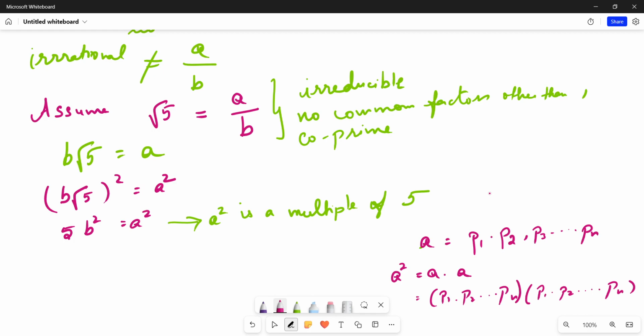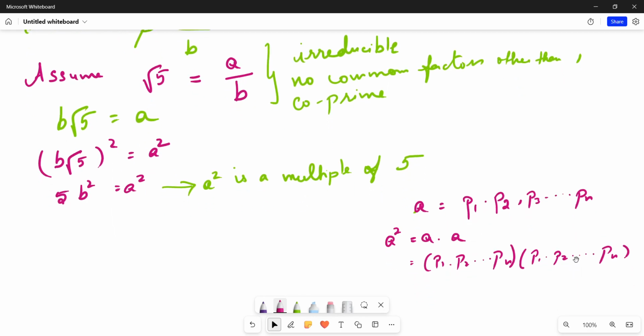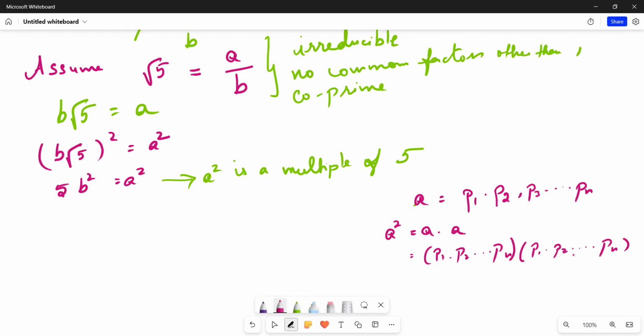But we know one of the factors of a squared, it's 5, right? We know that one of the factors is 5. So let p2 be 5. Now let me rewrite the whole thing for you to understand better. It can be rewritten as p1 into p1, p2 into p2 and so on. And we have assumed p2 to be 5 because we know only one of the p2s to be 5, not both of them.